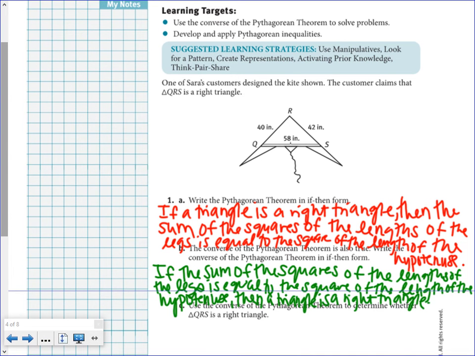So what the converse is saying, if a squared plus b squared equals c squared, then you do have a right triangle. And if a squared plus b squared does not equal c squared, then you do not have a right triangle.